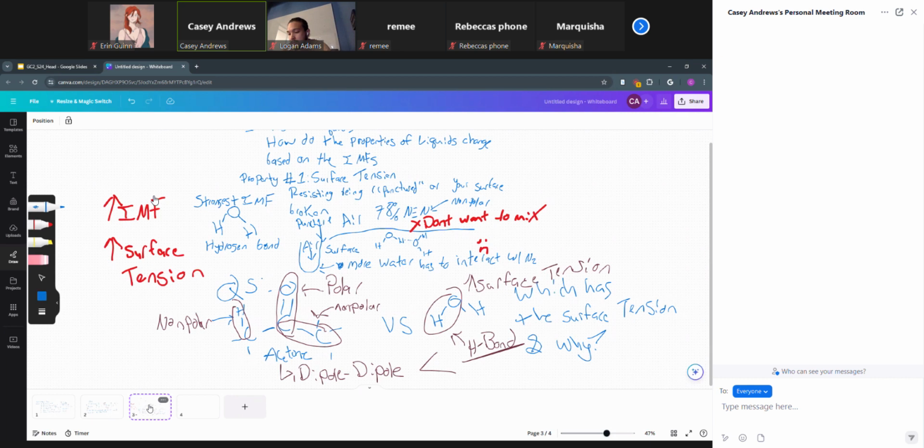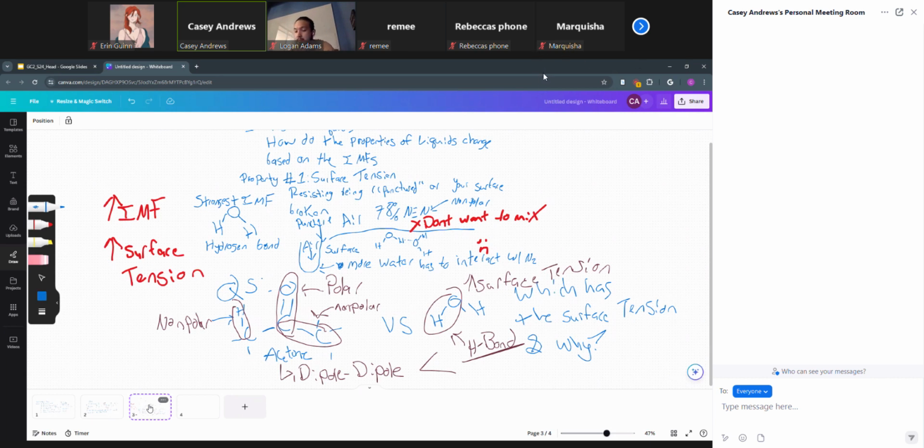All hydrogen bonds are not made the same. There's different strengths based on how things are bonded. You can make a hydrogen bond stronger or weaker. You can make a dipole-dipole stronger or weaker. So generally it comes down to what's bigger, but it doesn't have to, based on the chemistry.